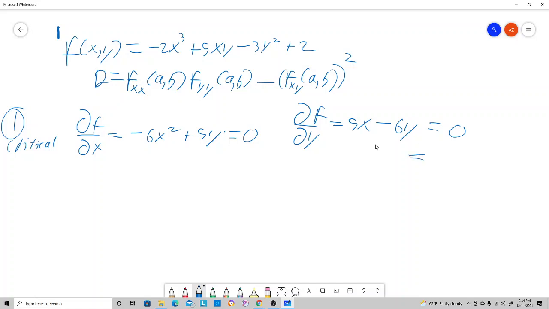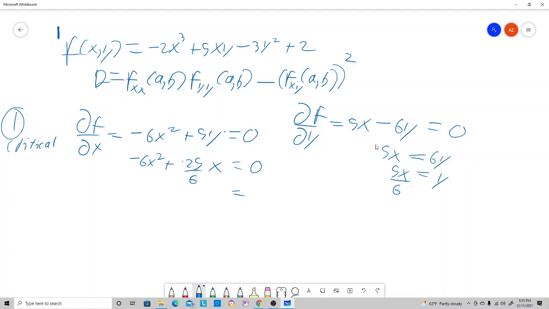So we isolate: we have 5x equals 6y, and then we divide, and we have y equals 5x over 6. Then we can substitute this into the first equation, and everything will be in terms of x. So negative 6x squared plus 5 times 5x over 6, which is 25 over 6 x, equals 0.